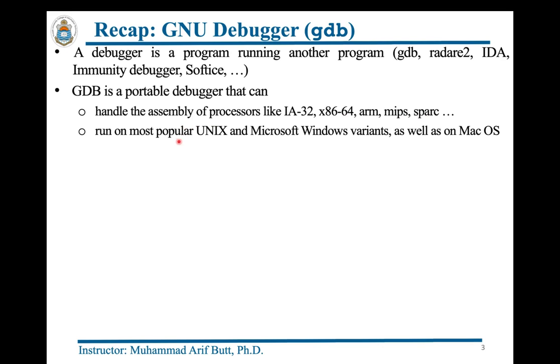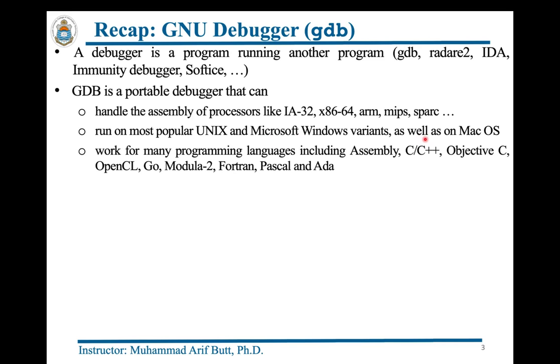Well, GDB runs on most popular Unix and Microsoft Windows variants, as well as on the Mac operating system. And GDB works for many different programming languages, including Assembly, C, C++, Objective-C, OpenCL, Go, Modula-2, Fortran, Pascal, and PEDA, to name a few.